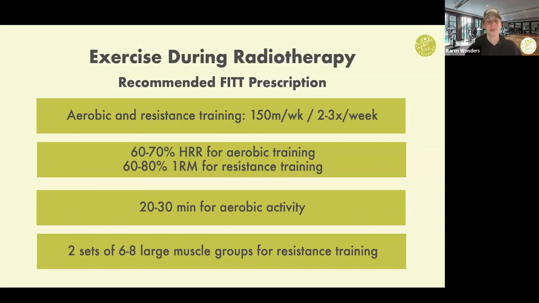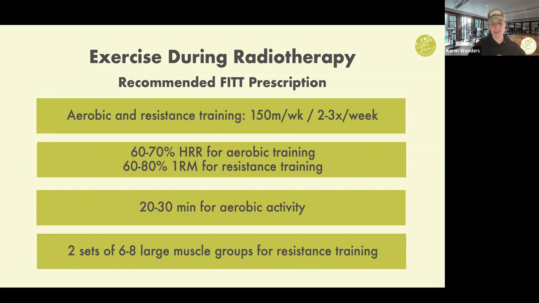With resistance training, again, see what the patient is able to do. Ideally, if you could get to 60 to 80% of their 1RM, that would be great. That's a great strength building program. If they're not able to, do a lower percentage of their 1RM and have them do more repetitions of that particular activity.